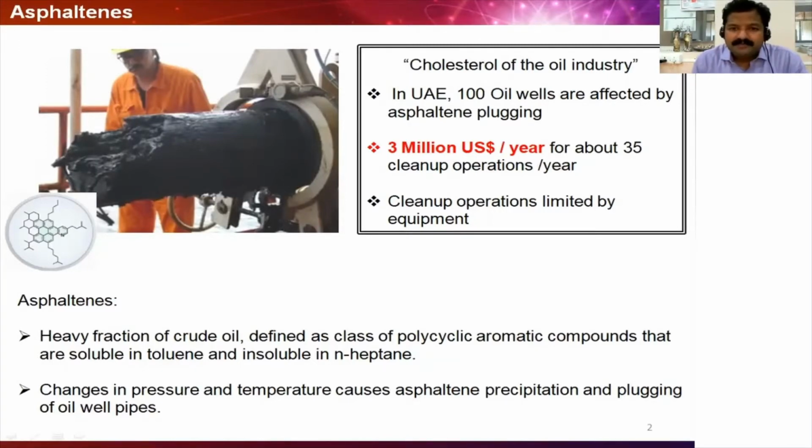About $3 million per year is spent for 35 cleaning operations per year, and these cleaning operations are limited by equipment. So the strategy most widely used is to use what are called inhibitor molecules. These are chemicals specifically designed to prevent asphaltene deposition and thus build-up and plugging of the oil well.